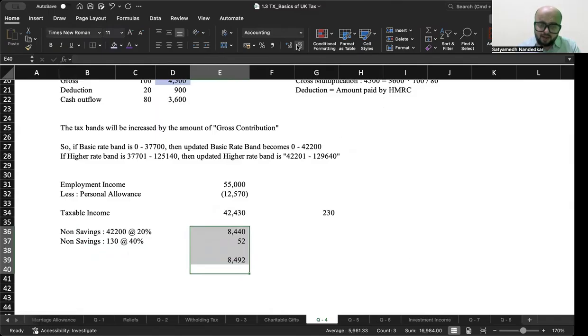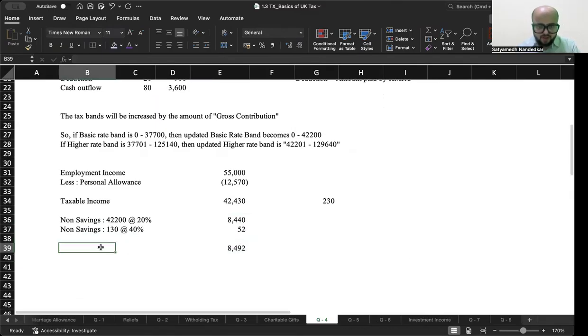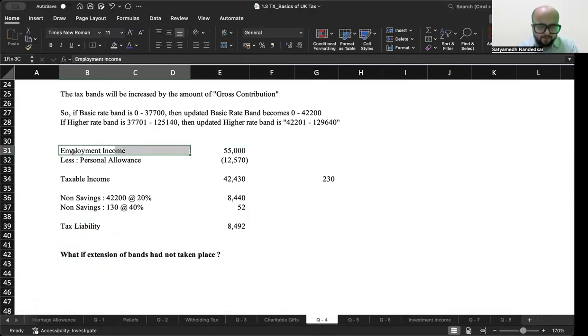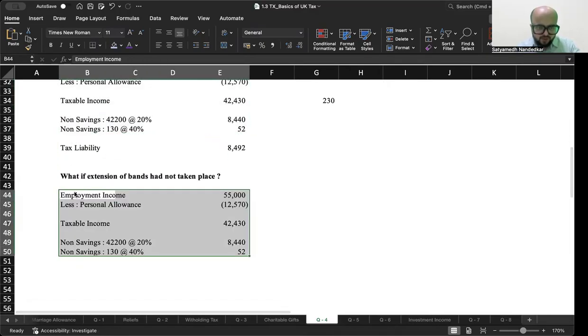Okay, this is tax after extension of bands. What if extension of bands had not taken place? Then in that case, these calculations would have been different.